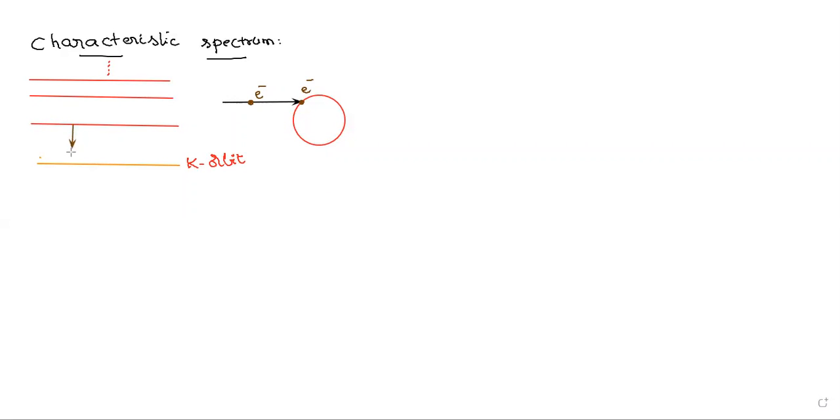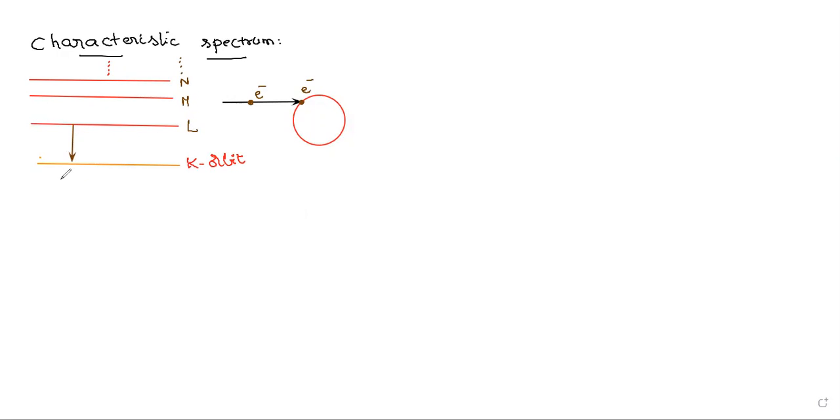Suppose an electron jumps from the second orbit. Then you name the second orbit as the L orbit. I'm giving the names L, M, N, and so on. The electron jumps from the L orbit to the K orbit.